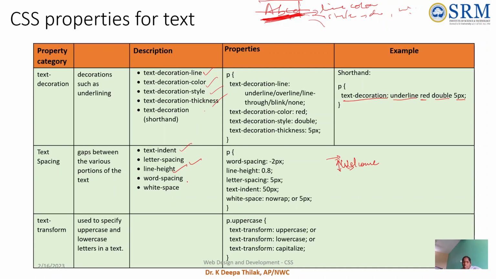And text indent and word spacing, if I have welcome user, what is the space I need to give between two different words, and white space is how much white space, whether you need to leave white spaces or no wrap, that is no need of white spaces, where if you want it you can specify using this. So this also has sub properties, you can also do it in a shorthand notation. And text transformation is uppercase, lowercase or capitalized, so you can use any of these.